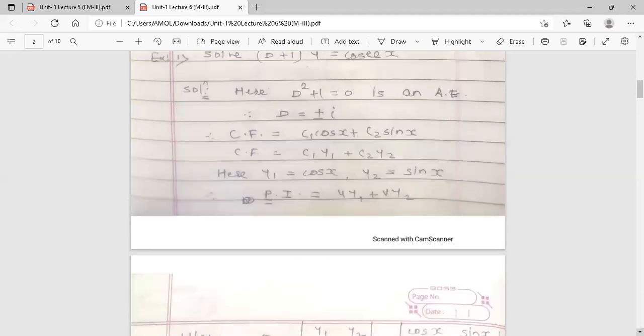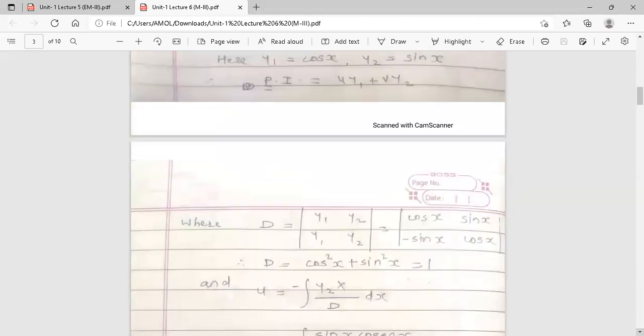Now you know the values of y1 and y2. These are the values from the complementary function. But what about u and v? To find u and v, you first find d. Now what is d?